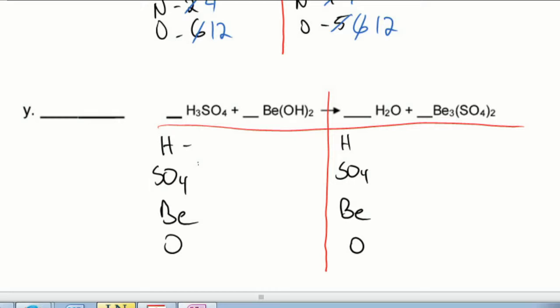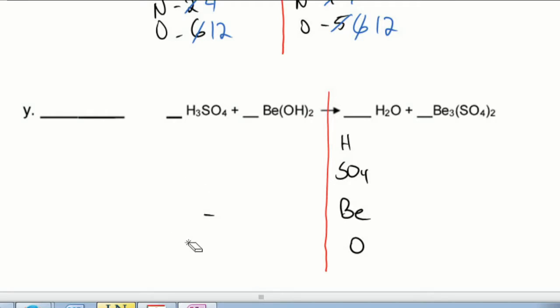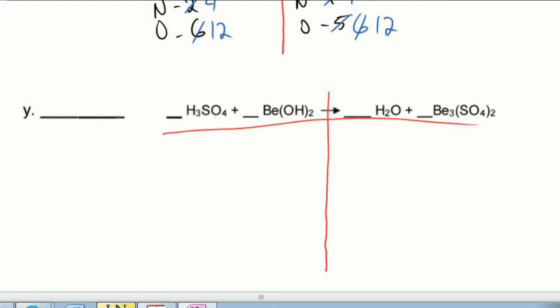SO4 groups, there's 1. Beryllium, there's 1. I can't do it that way. I have to do it individually. It's just going to be a little extra counting. All right, hydrogen, oxygen, sulfur, beryllium.